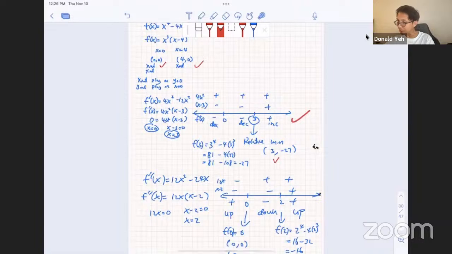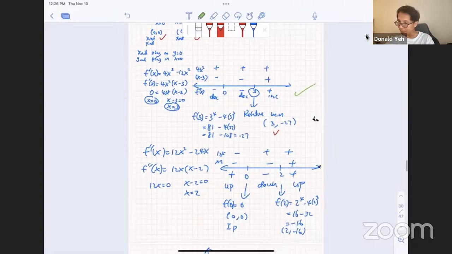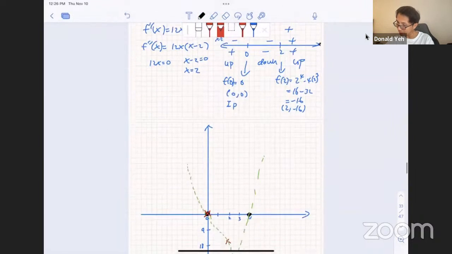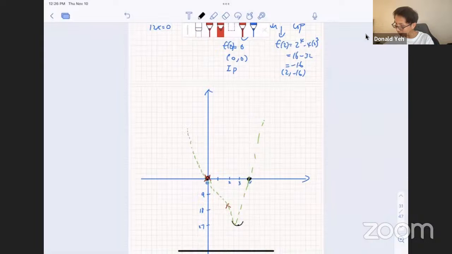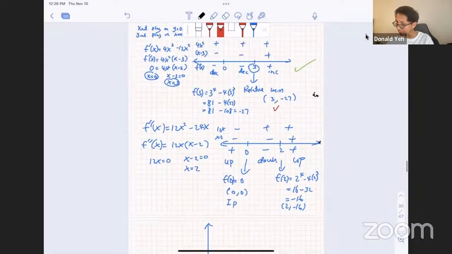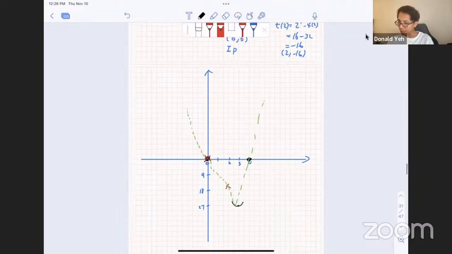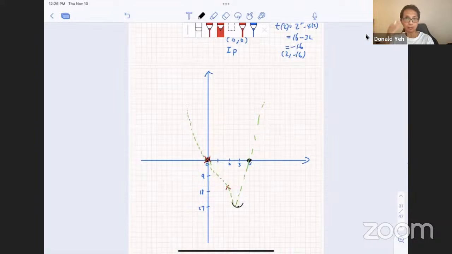So we finished this check mark right here. I use a green dot. Now we're going to go with the black. The black is going to go here. And then I'm going to start with concave up. After I go through the cross, I need to make sure I change the concavity. So that's why I do the cross. The cross reminds me to change concavity. So I'm going to start with up, right?